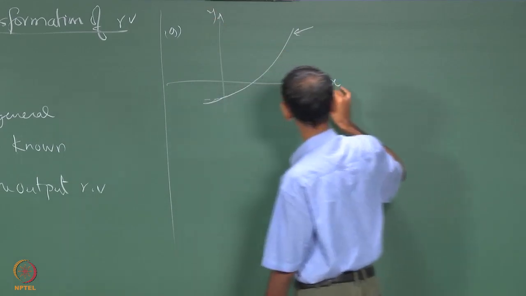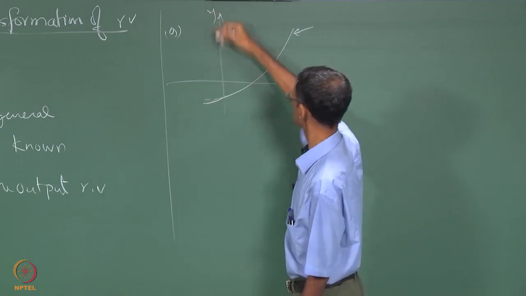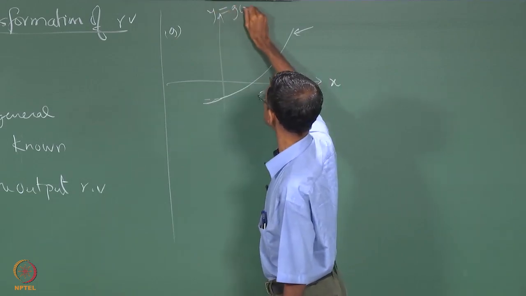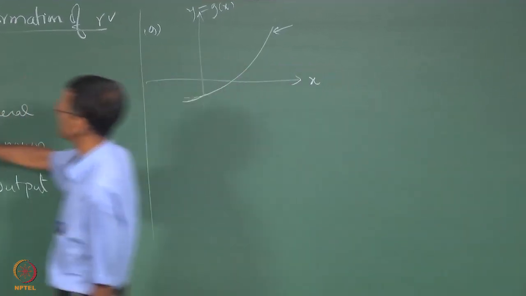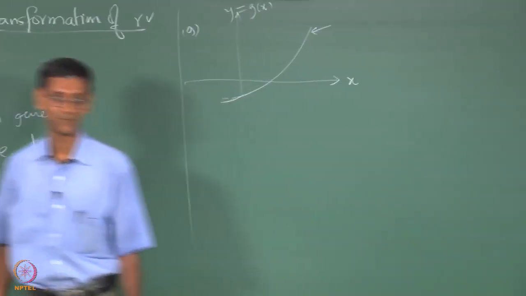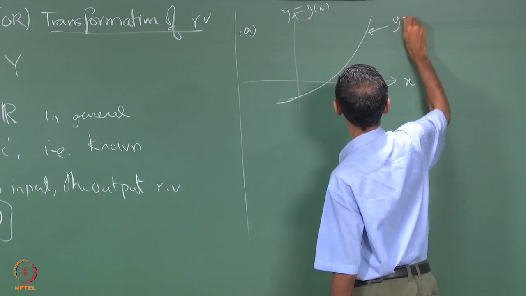What am I plotting here? I am plotting the domain of G along the x axis and the range, or the values taken by G, on the y axis. There is nothing random about this portion. This is just a graphical specification of G, so this is Y equal to G of X.